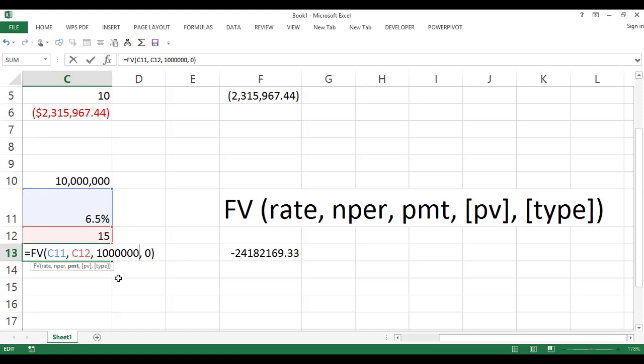Like mutual funds, that's how it works now. It's just PMT, monthly payments. Let's say somebody registers for a mutual fund on September 1st.